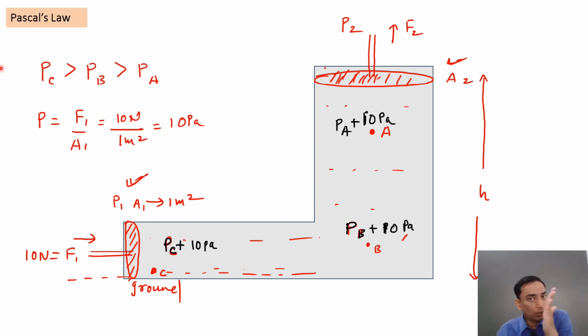It is only the extra pressure of 10 pascals that you have created. So that's why the pressure increases by 10 pascals everywhere. I don't mean to say that the pressure becomes equal to 10 pascals everywhere. No, that's wrong. There were already differences in the pressures throughout the liquid, but the pressure increasing by 10 pascals everywhere is the meaning of Pascal's law.